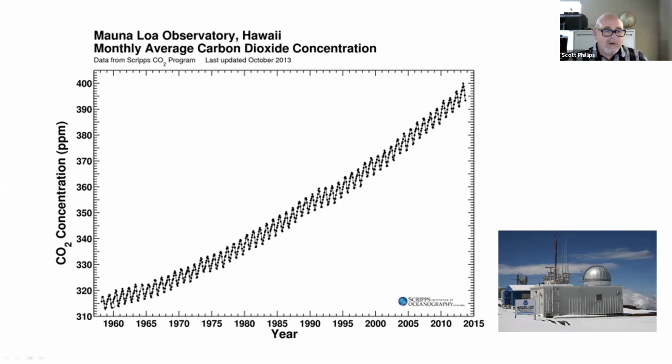But more alarming was that over time, while it goes up and down, there is also this upward trend. So for the first time, scientists had an idea of how much carbon dioxide was in the atmosphere, and also how it was changing over time. And this became alarming because it was coming up and not going down.